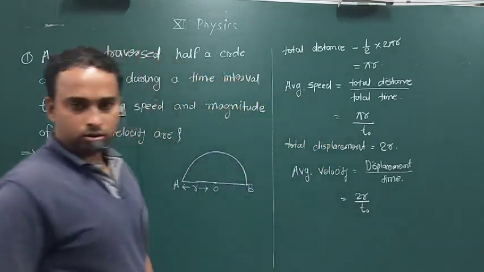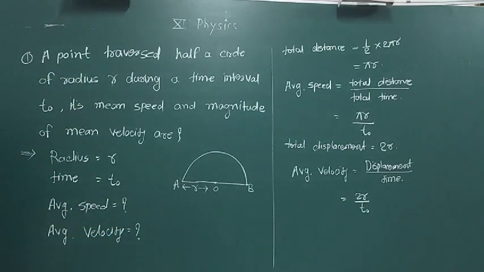So the average speed is pi r upon t0 and the magnitude of velocity is 2r upon t0. Okay, understood?